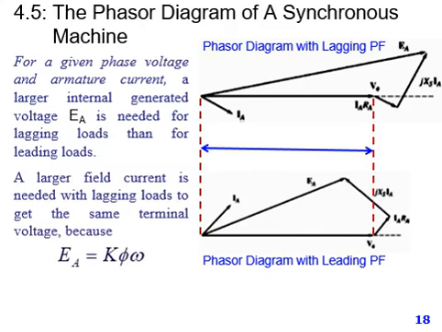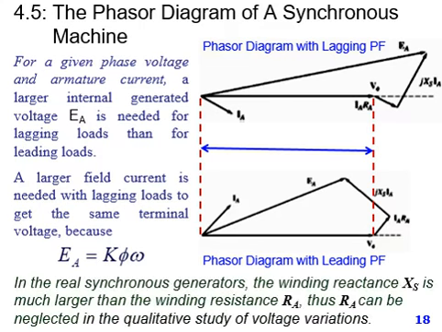A larger field current is needed with lagging loads to get the same terminal voltage because E of A is directly proportional to phi omega. In real synchronous generators, the winding reactance X of S is much larger than the winding resistance R of A. That's the reason we can neglect this R of A to make the calculations simpler.